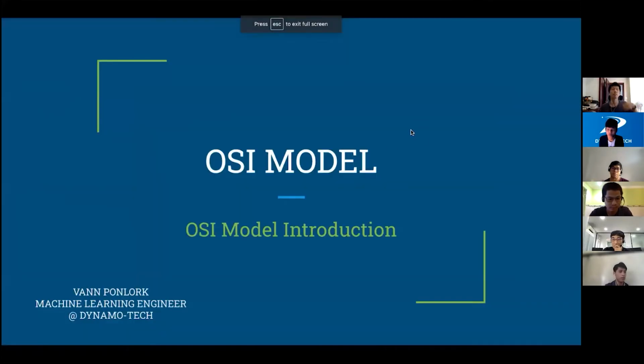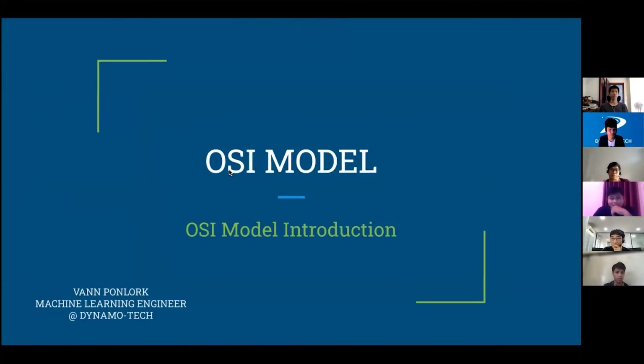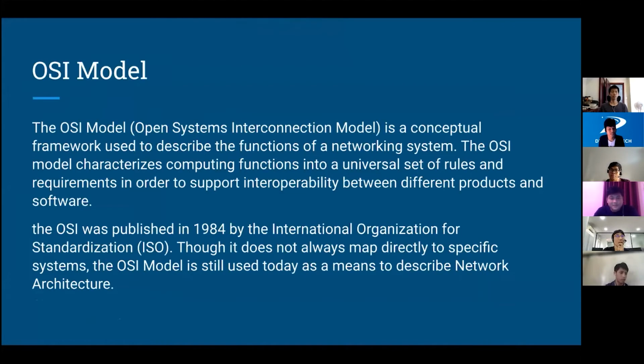Yes, OSI model. The OSI model is a standard process for data used in all network products. OSI stands for Open System Interconnection model.